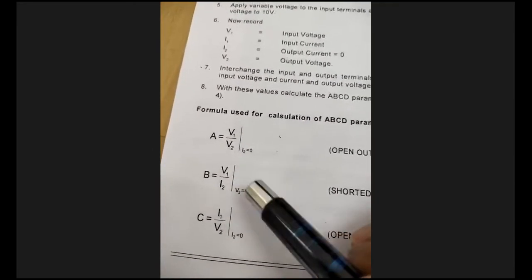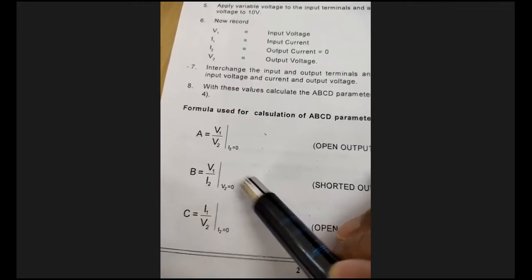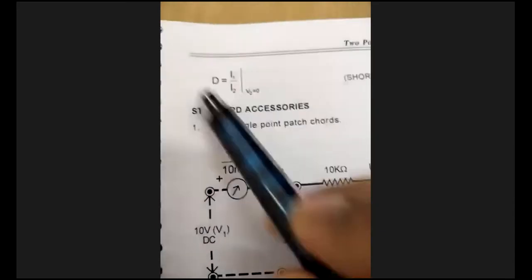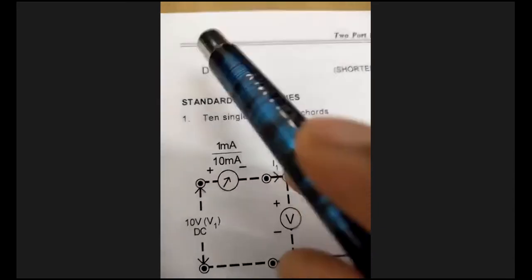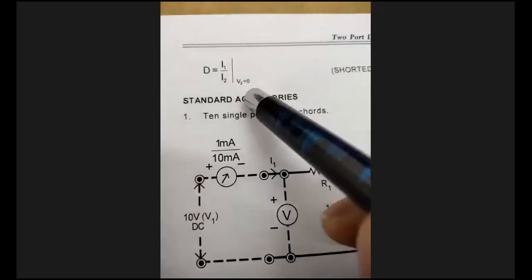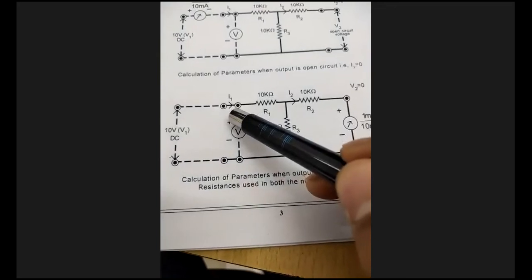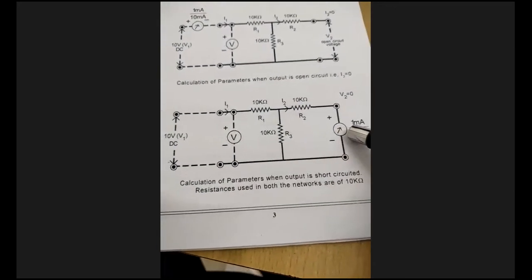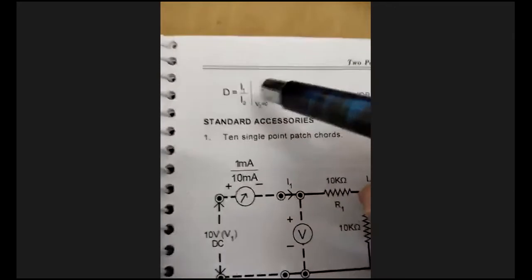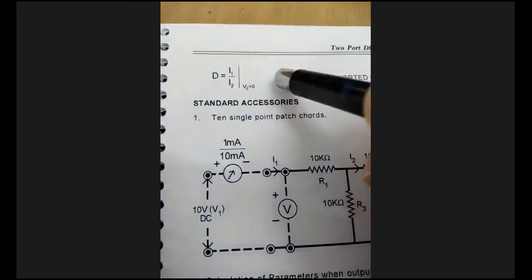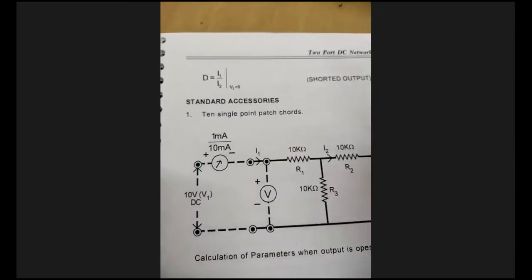Just put the values of V1 and I2 in the equation B so that we can find out the value of B. And when it comes to equation D, just put the values of I1 and I2. We already found out the I1 value here and I2 from the output short circuit current. We just put the values here so that we will find out the value of D, where V2 equal to 0.